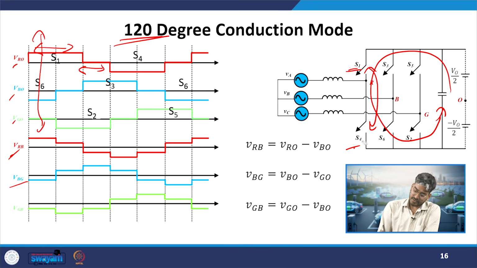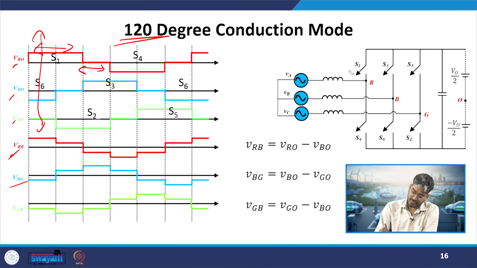This was a major concern in olden days where we required complementary operation. Nowadays, the deadband and the gate drivers have sufficient advancement, so this is no longer a challenge for us. We can go for complementary switching without much difficulty. But in olden days, it was a major limitation, and that is why they shifted to the 120-degree mode of operation.